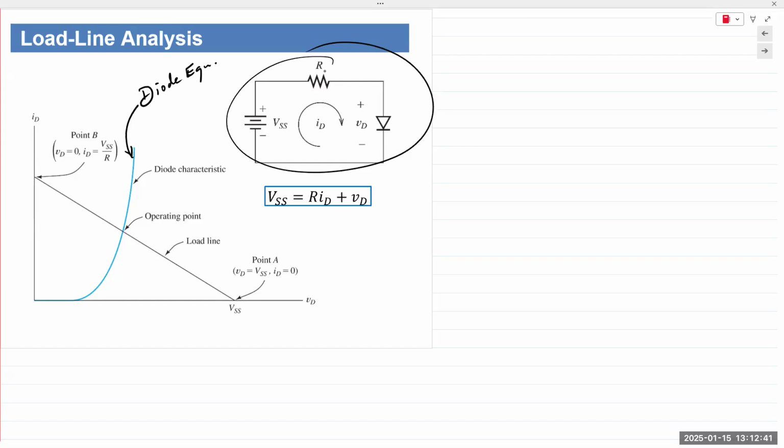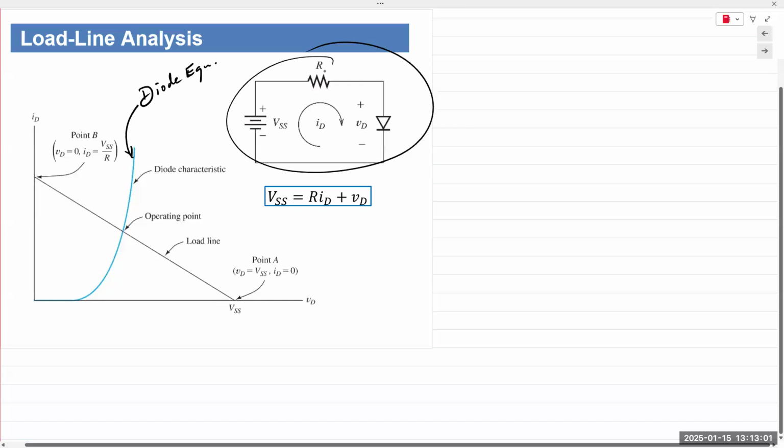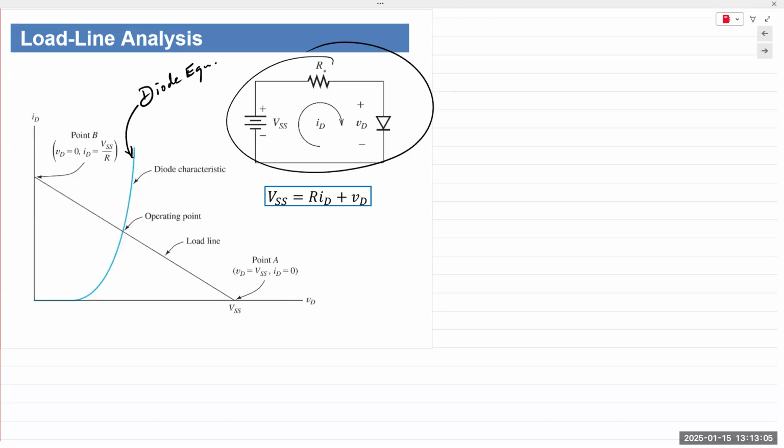Now, if it's diode voltage and diode current, we have two unknown variables. To solve for two unknown variables, you need at least two equations. We have one equation, which is from the diode characteristic, and the other equation is from the circuit itself. In this case, the circuit is voltage supply VSS and the resistor R. Those are external to the diode.